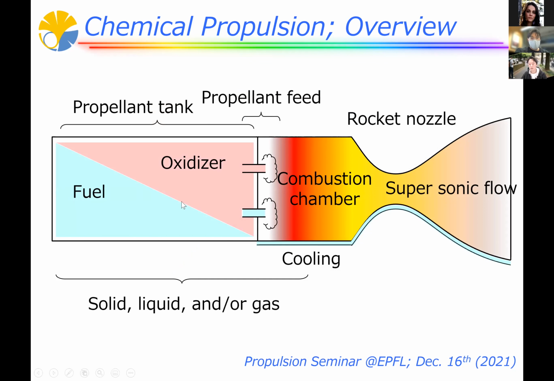By using these chemical materials, we generate combustion or a chemical reaction, and we extract thermal energy from the chemical materials. This thermal energy is converted to kinetic energy through the rocket nozzle. So this is a very basic overview of chemical propulsion.